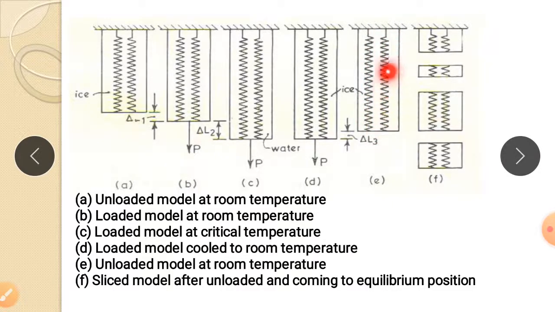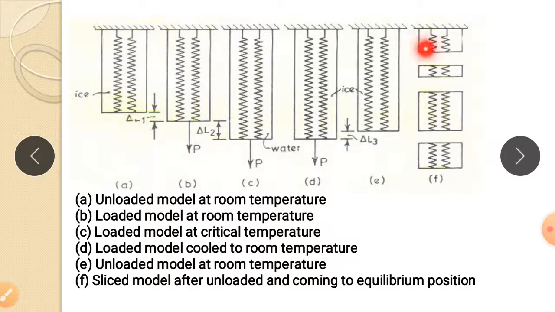The spring which is present here is locked because of the ice which has solidified. This locked position of the spring is considered a stress freezing condition.